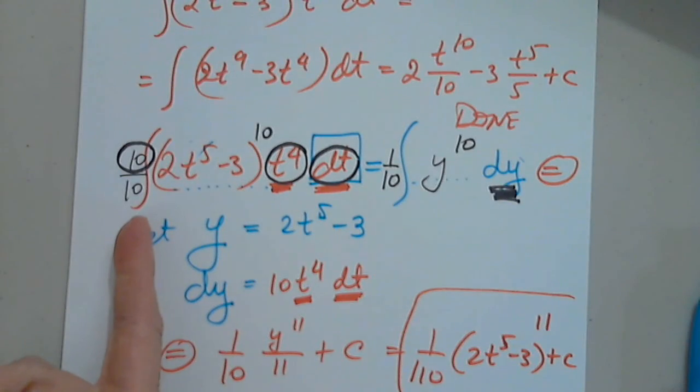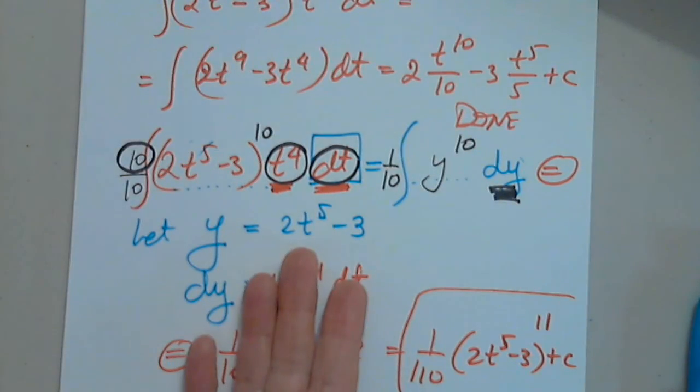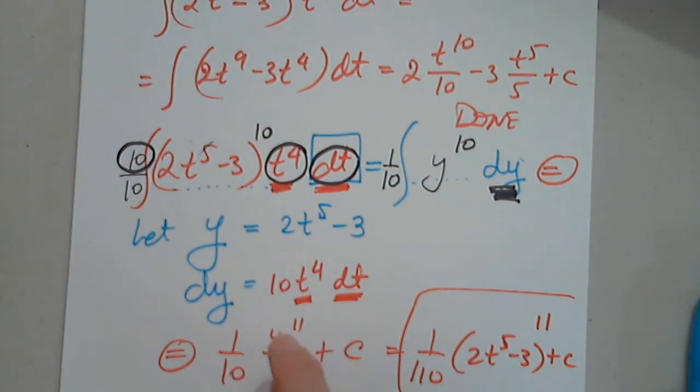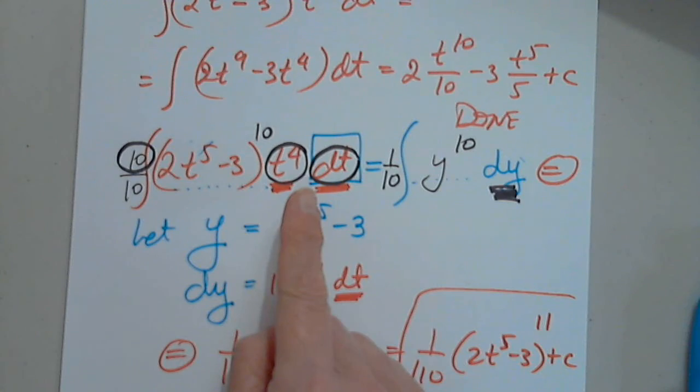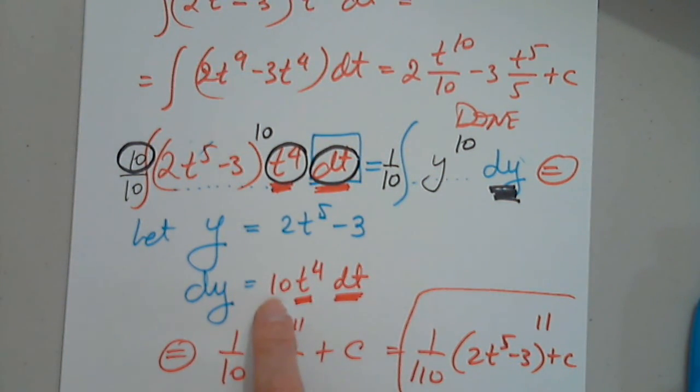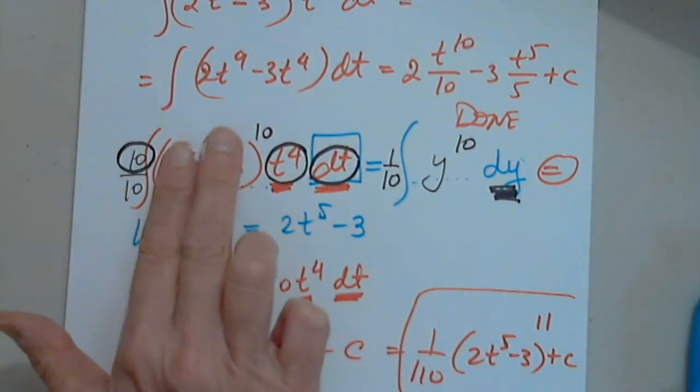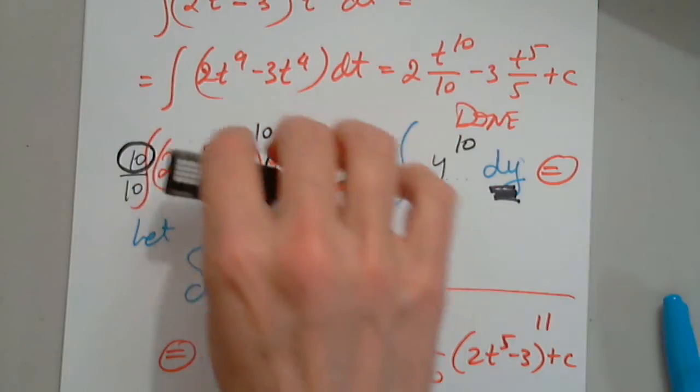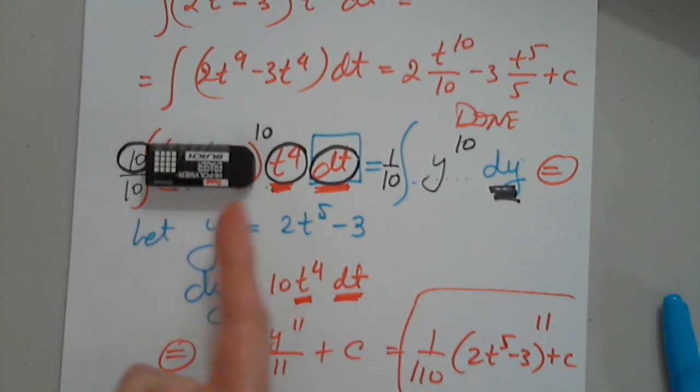If it's an indefinite integral, I can use any substitution I want as long as dy is in the problem. Somehow, I can always make up a number, but I cannot make up t to the 3rd or t squared. Who knows what else? So I use this substitution because this was really the most difficult part in the function.